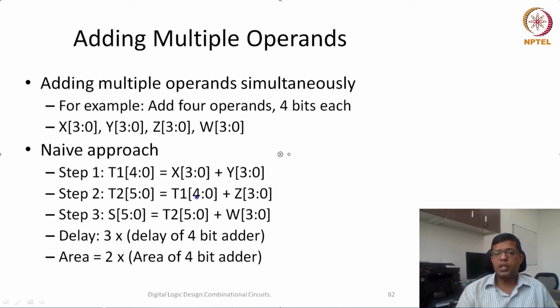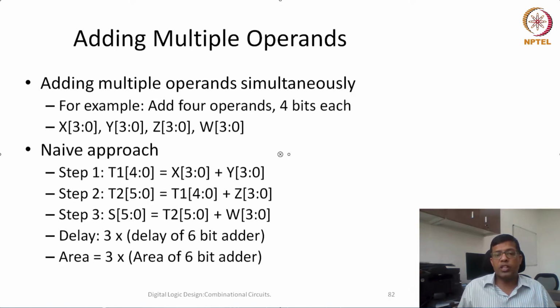Here this was a 6-bit adder, and here this was a 5-bit adder. Let's say on average, delay of a 5-bit adder times 3, because until this addition is done, we can't start the second addition. Similarly, till this addition is done, we can't start the third addition. So the delay of this combination would be 3 times the delay of a 6-bit adder.